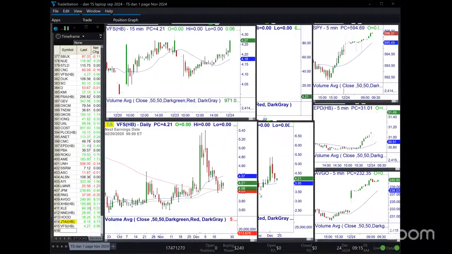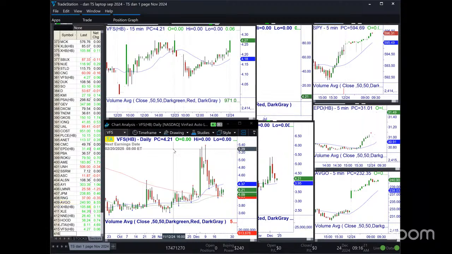Like, why? It's a computer. Let it trade. Globex, let it trade. Yeah, but they shut down over the weekend too and reopen at 6 p.m. on Sunday. Right, Globex computer.